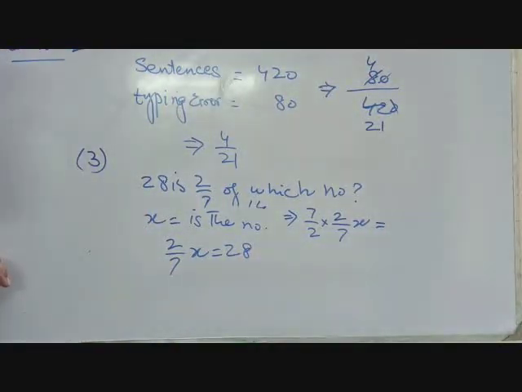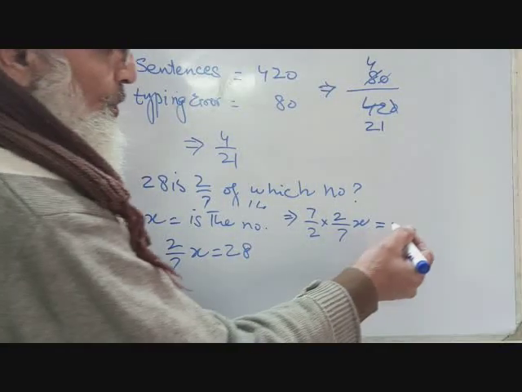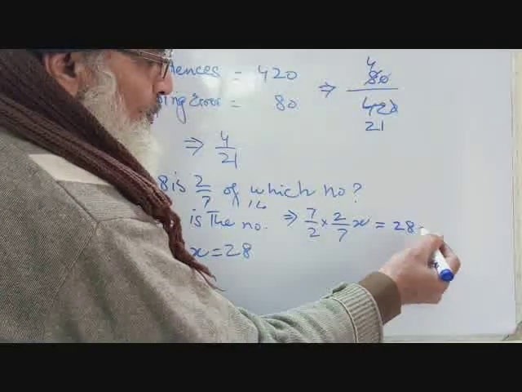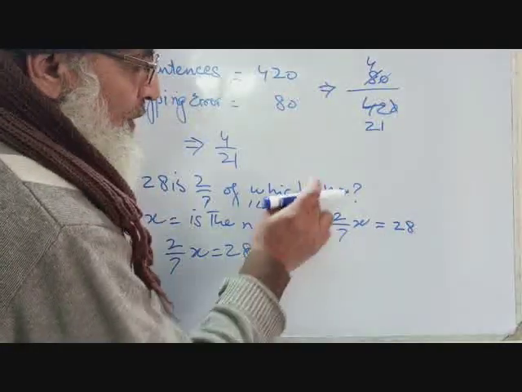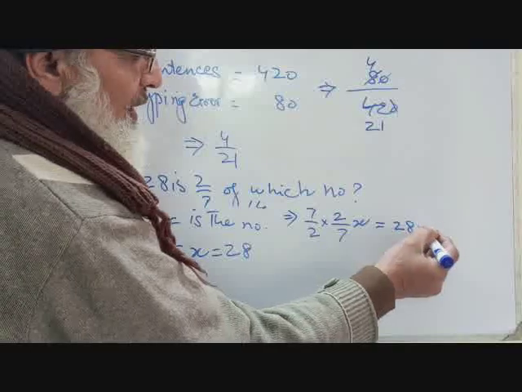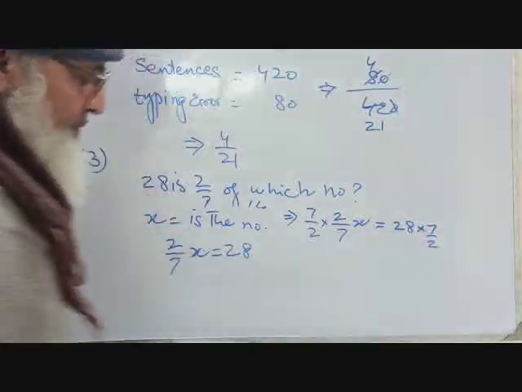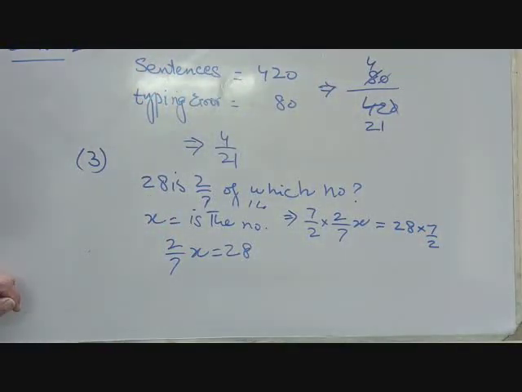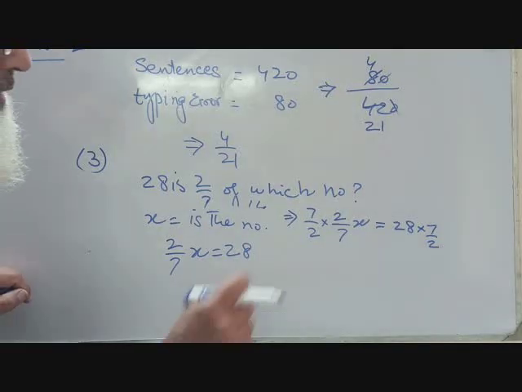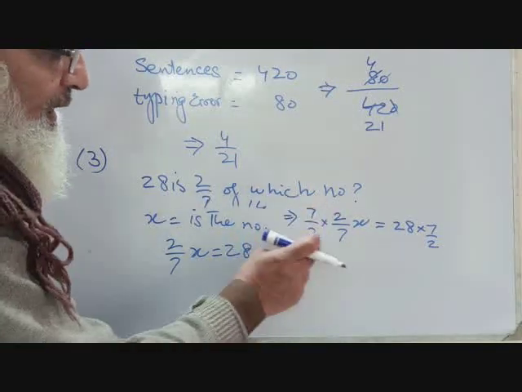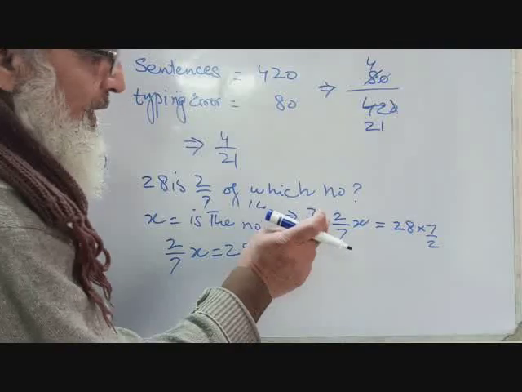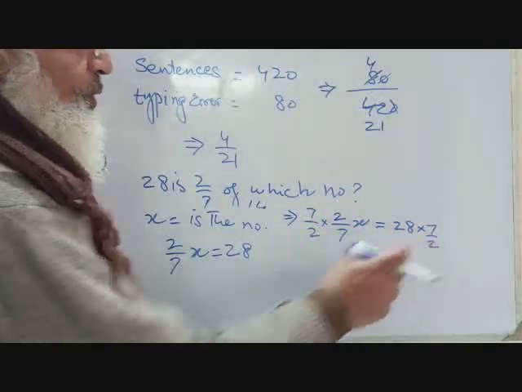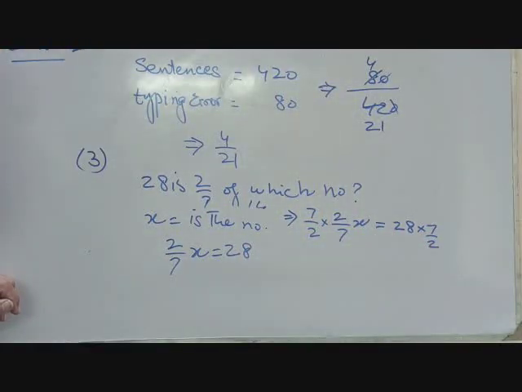We cannot disturb this equation. So we have to do the same procedure whatsoever I did over here. I multiplied the 7 by 2 at the left hand side, so I have to multiply 7 by 2 at the right hand side.